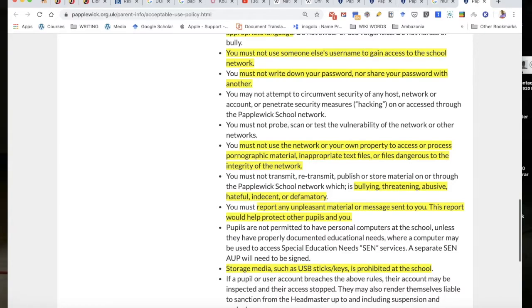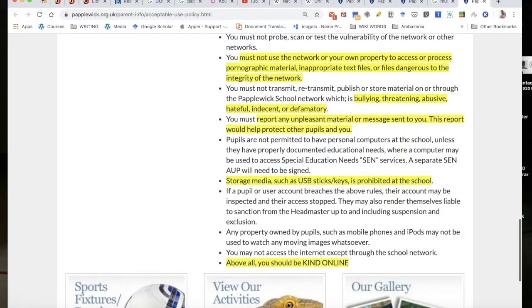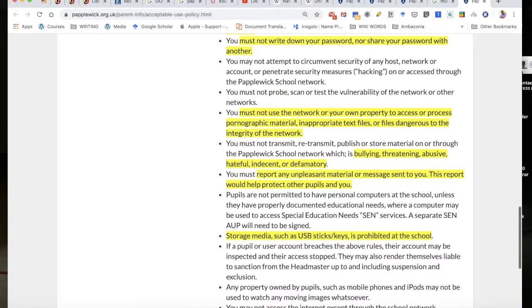If there is any unpleasant behavior that you notice, you need to report it by sending a message in order to protect yourself. You cannot use storage media such as USBs within the school. And most importantly, you need to be kind when you are online. This is very important.